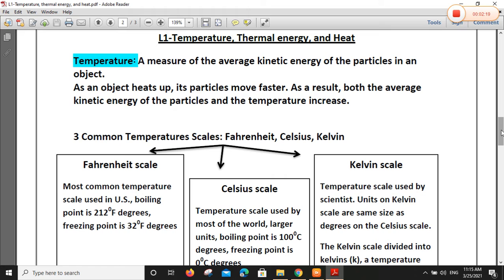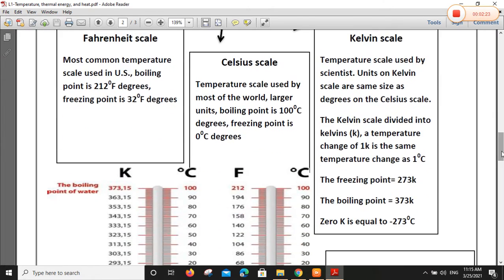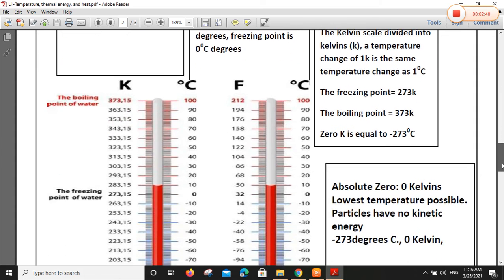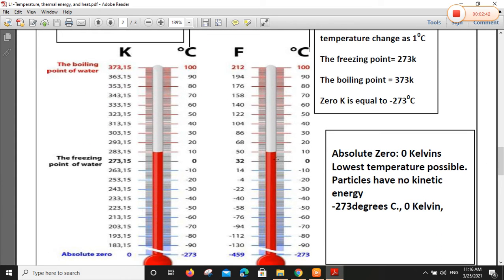What about the Celsius scale? The Celsius scale is the temperature scale used by most of the world and the Arab world. All of you know the boiling point of water is 100 Celsius degrees. Look at the two scales together, Fahrenheit and Celsius. The Fahrenheit boiling point is 212 against 100 Celsius degrees.